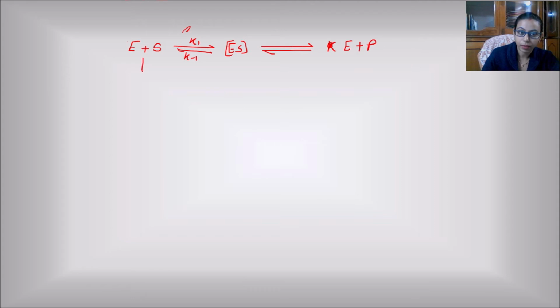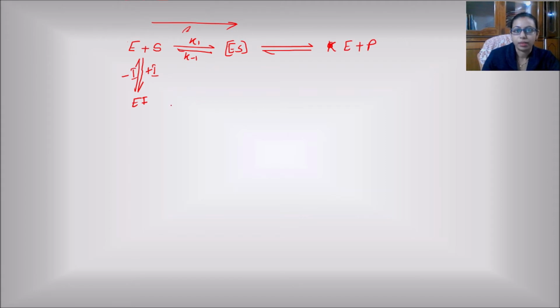In the presence of inhibitor, instead of binding with the S or the substrate, E will bind with the inhibitor. So in the presence of inhibitor, E plus I will be formed, and instead of forming the product ES, the EI product will be formed, and in the absence of inhibitor, this particular reaction will carry on.